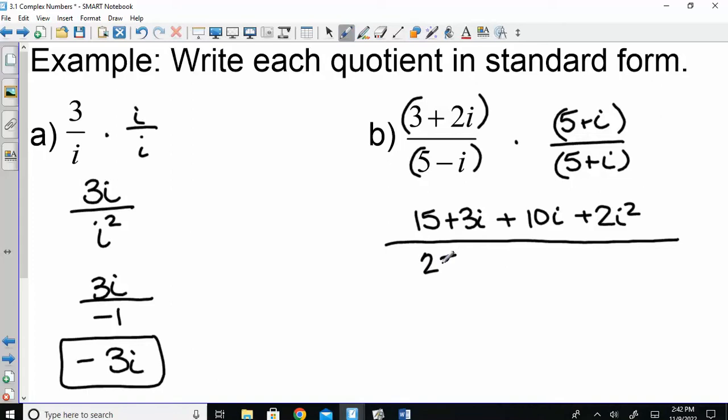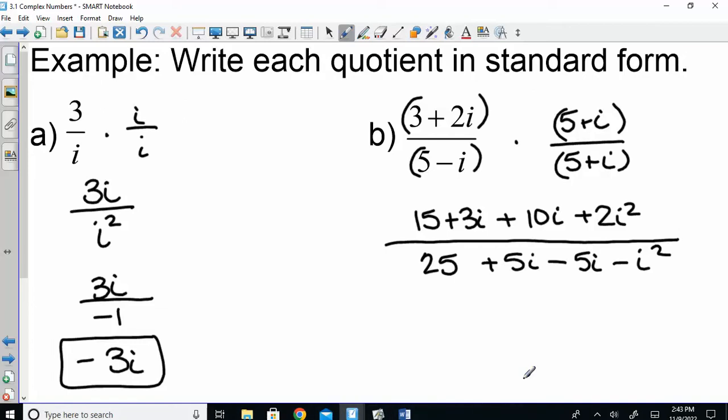On the bottom, you get 25 plus 5i minus 5i minus i squared. On the bottom, they're conjugates, so the first and last terms are going to cancel when we multiply in the middle. The positive 5i and negative 5i drop.